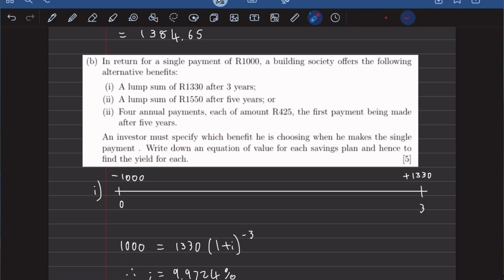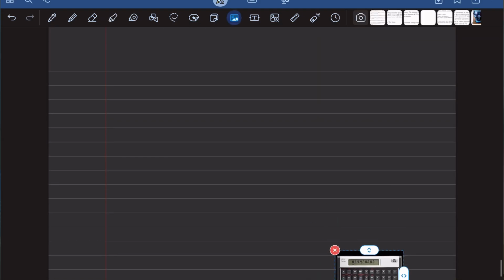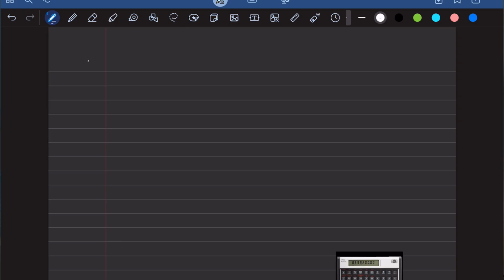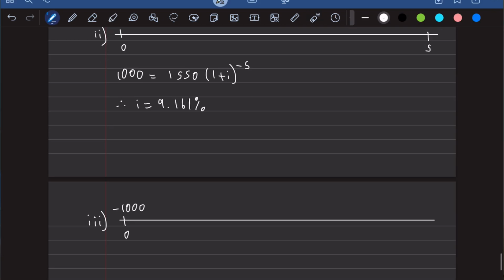Number 3. 4 annual payments, each of amount 425, the first payment being made after 5 years. Okay, let's draw a timeline for this one. So we're going to start at time 0 and we're going to buy it for 1,000, and it basically says we're getting four payments of 425 after 5 years, so at time 5, time 6, time 7, time 8.